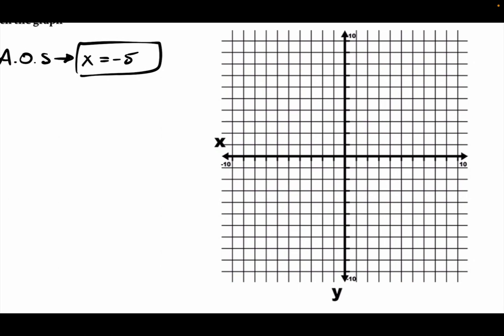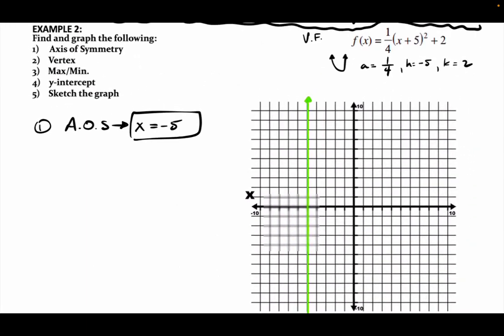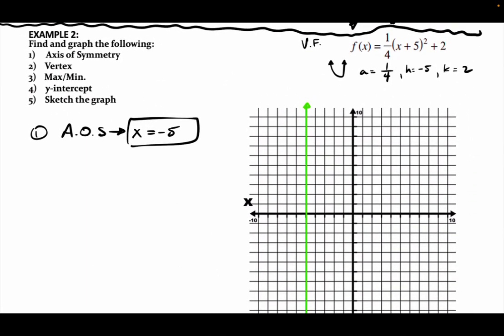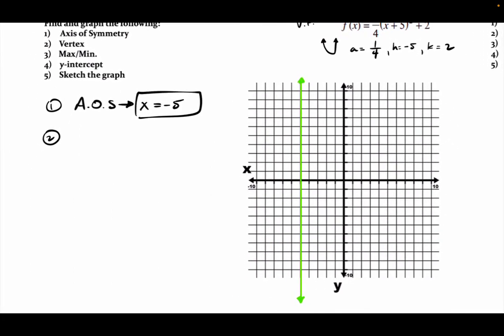One, two, three, four, five. Okay, that's our mirror. Vertex, H, comma, K. So -5, comma, 2.